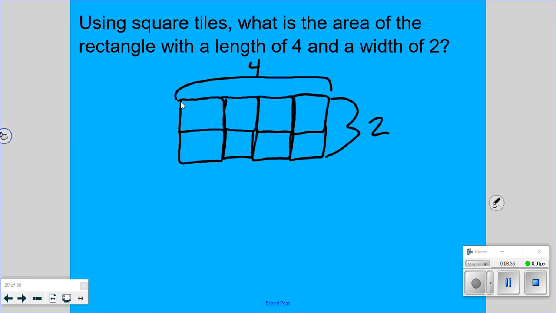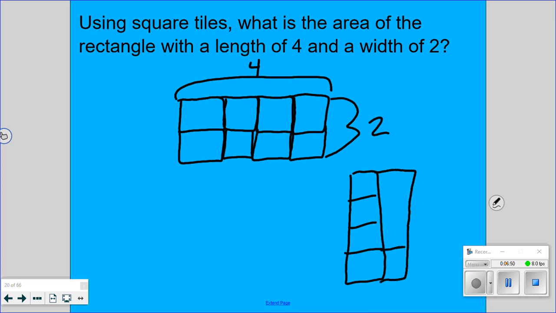Something different. Maverick, how did you do something different? Talk to me. So what I did was I went 4 down. Same thing, just turned over. And then I had another row of 4 coming down. Interesting. So Maverick is saying, hey, I put my length of 4 here and my width of 2 here.